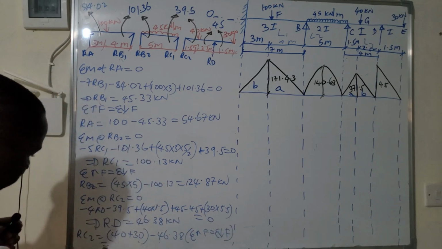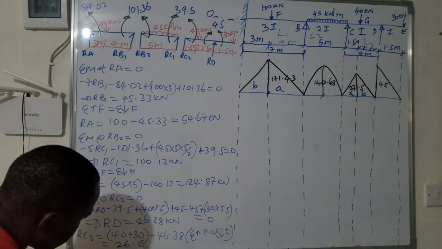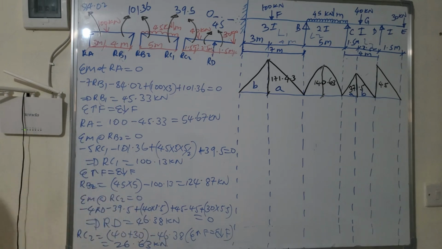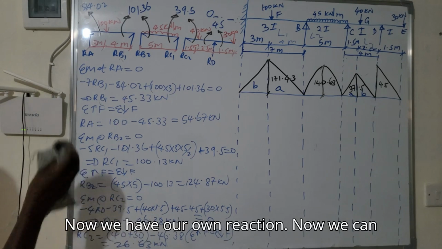So RC2 will give us 23.63, like that. Now we have all our reactions.